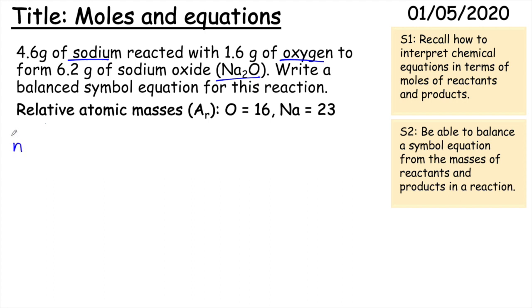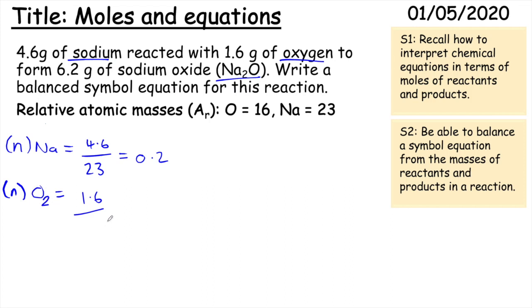So the moles of our sodium is the mass, which is 4.6, divided by the Mr, which is 23, and that comes out at 0.2. To work out the number of moles of our oxygen, look at the mass, which is 1.6, divided by the Mr of our oxygen, which in total is O2, so 32, and we get 0.05 for that one.